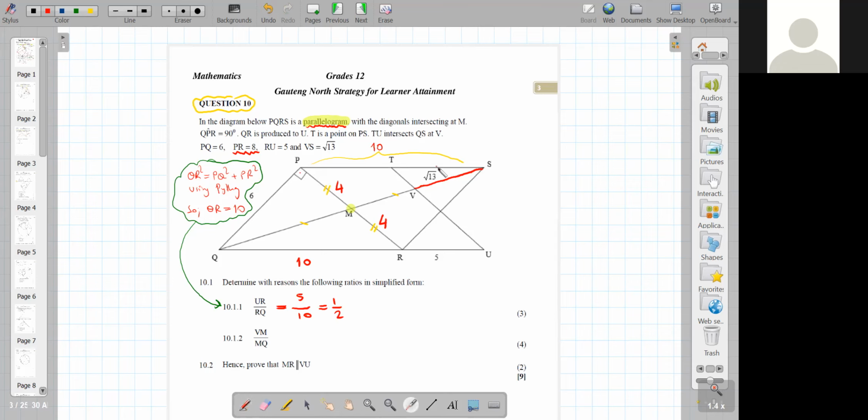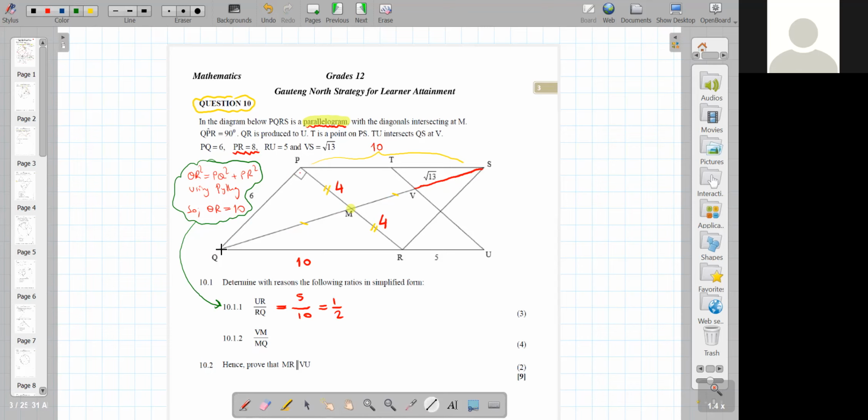And then the second one, VM over MQ. So how can I get this length of MQ? You see, we need to use that Pythagoras theorem again. Let me just highlight how we use those Pythagoras theorems there.